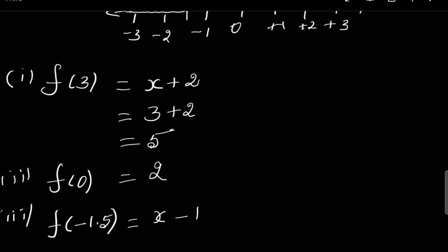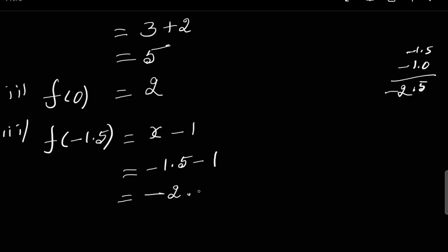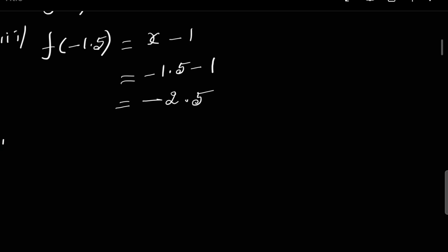Where x is minus 1.5, minus 1.5 minus 1. Minus 1 is a whole number, so after the decimal you put 0. 5 plus 0 is 5, 1 plus 1 is 2. Both are the same sign, so you will get minus 2.5.